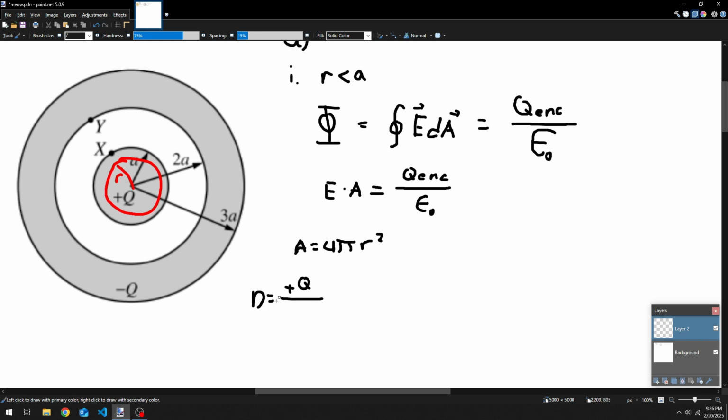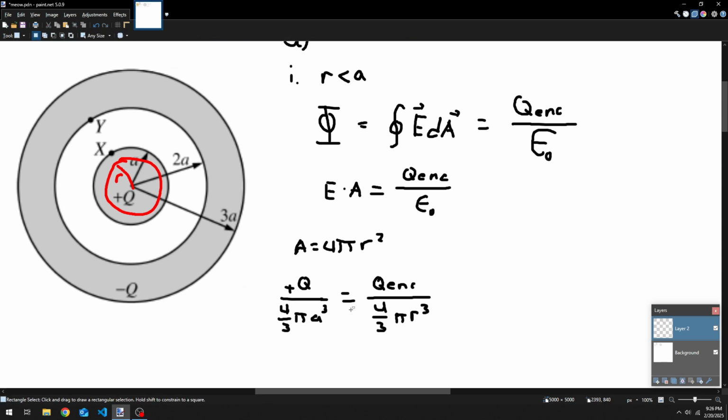So the density equals plus q divided by its volume, which is 4 over 3 pi a cubed, which will also equal the density of our Gaussian surface, the charge inside. So it would be q enclosed, which is what we're trying to solve for, divided by the volume of this Gaussian surface, which is 4 over 3 pi r cubed, using r instead of a.